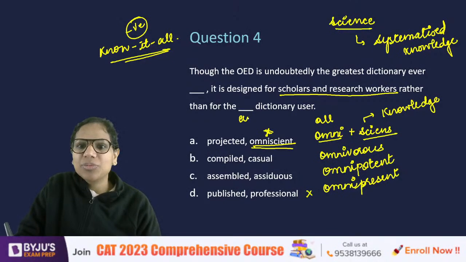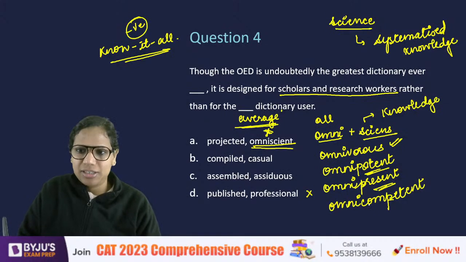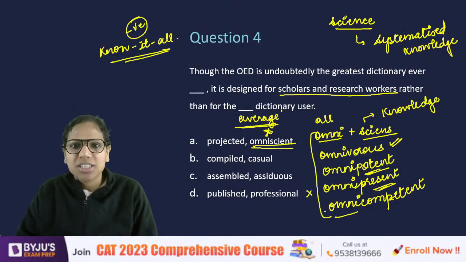In fact, we want something like average or lay person here, the average dictionary user. So eliminated. Omnivorous, somebody who eats everything. Omnipotent, all powerful. Omnipresent, present everywhere, right? We have a word called omnicompetent also. Omnicompetent. This person is competent in everything, all able in a way, right? So remember these words that have omni in them.